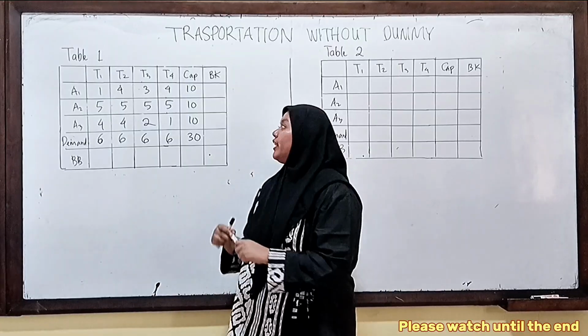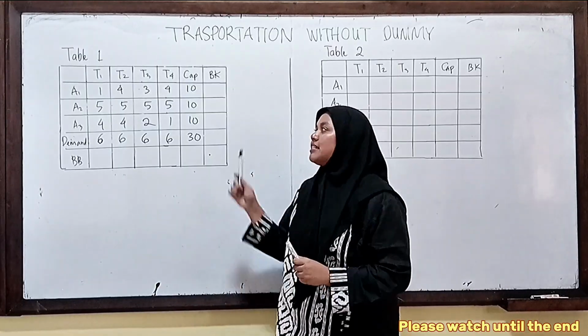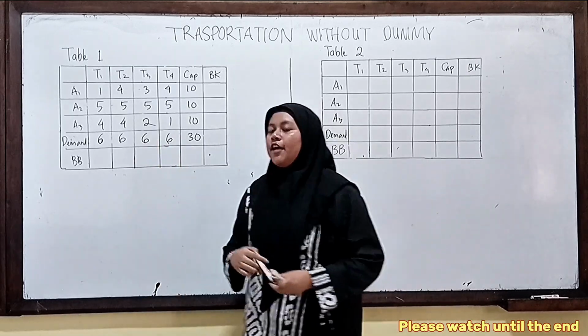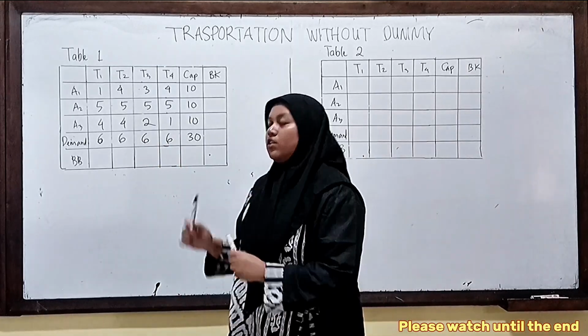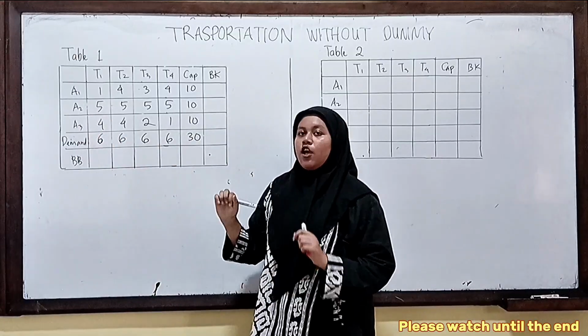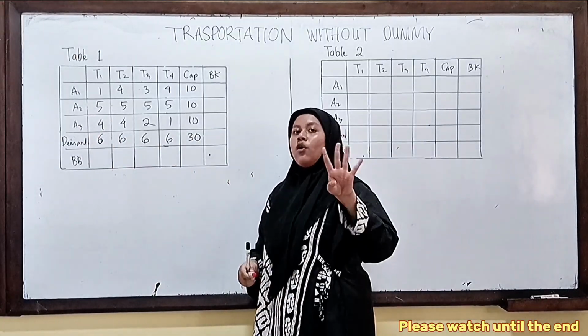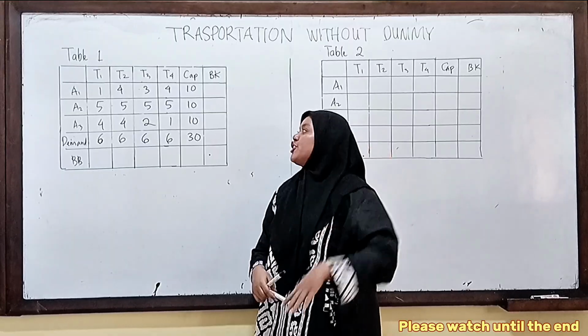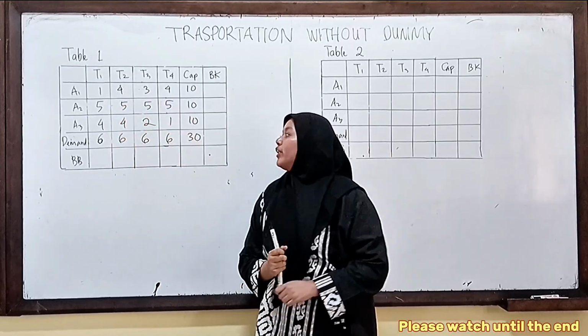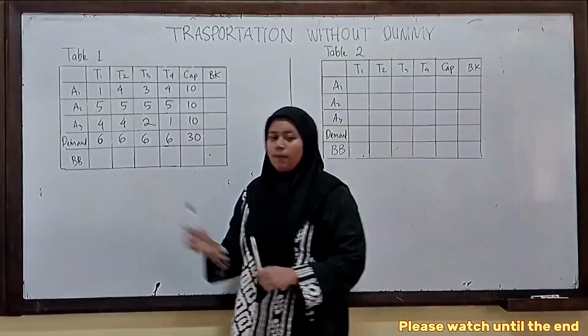We start by organizing the data into table 1. We have three sources, A1, A2, A3, with a capacity of 10, and 4 destinations, T1, T2, T3, and T4, with a demand of 6.